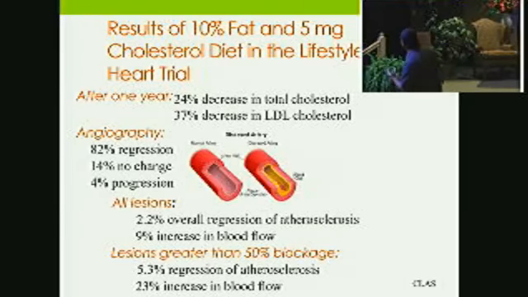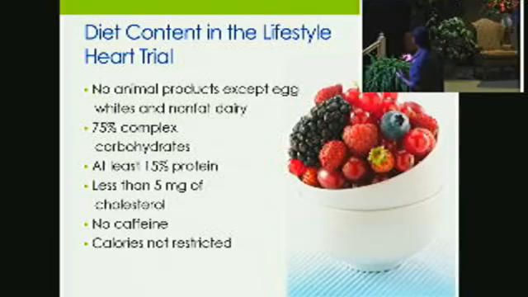No smoking, and I hope it's in the next slide. Here we go. No animal products except egg whites, non-fat dairy, 75% complex carbohydrates, 15% protein, less than 5 milligrams of cholesterol. Who can eat that? I don't even know. Unless, probably. But no caffeine, and the calories were not restricted, you know this.